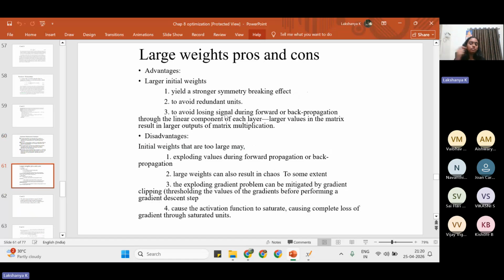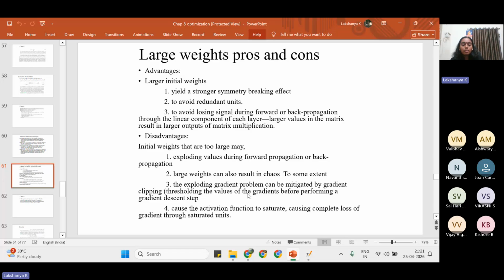Vanishing gradient is when the value being passed is so small that nothing gets transmitted, right? So if your weights are big enough, the chances of that happening are very low. Secondly, the stronger your weights, to some extent, the more you're going to progress in a single iteration towards the optima. On the other hand, large weights can result in chaos. The exploding gradient problem is there.